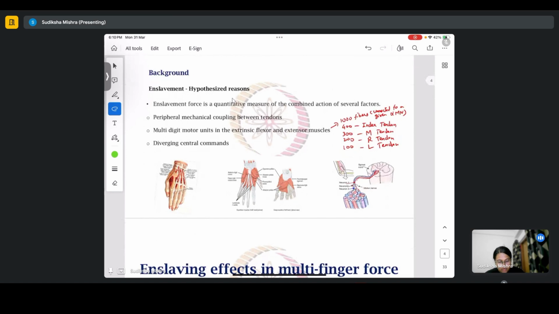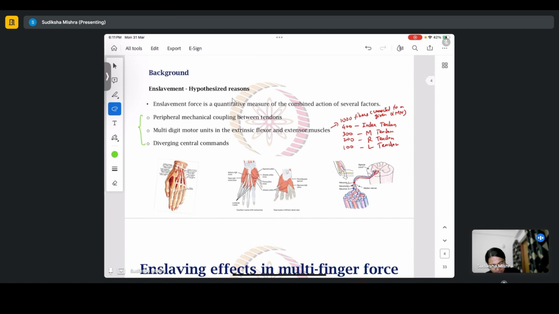Okay. So, there are three major hypothesized reasons for enslavement. To define enslavement force, it's a quantitative measure; it's something that you can put a number to. It's usually a combined action of several factors, and there are three such factors that are usually hypothesized.